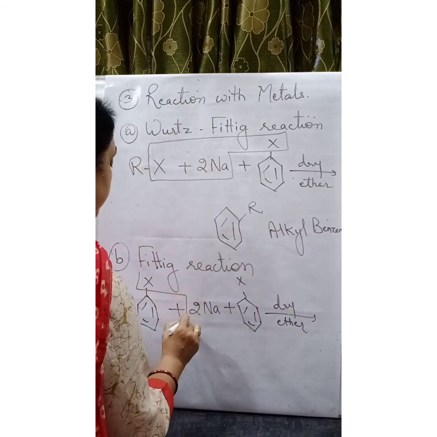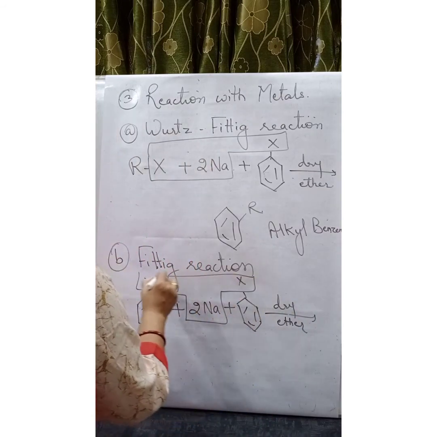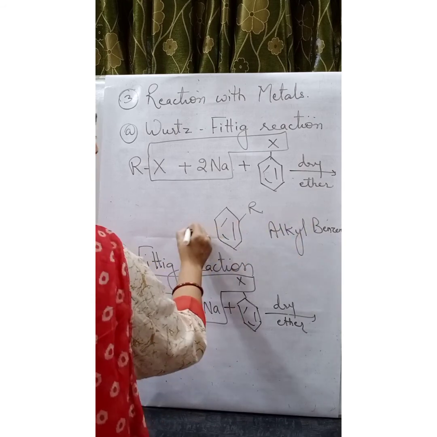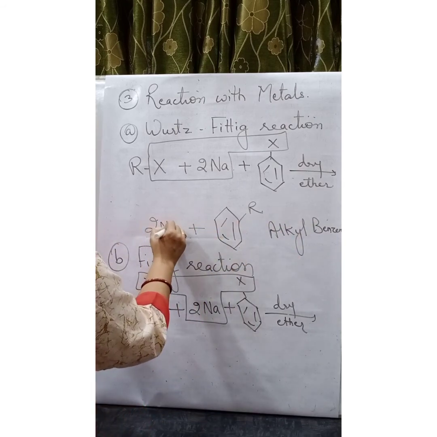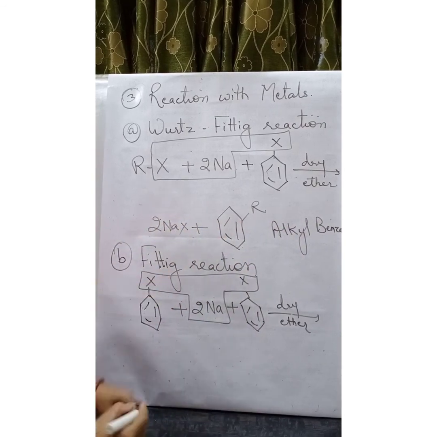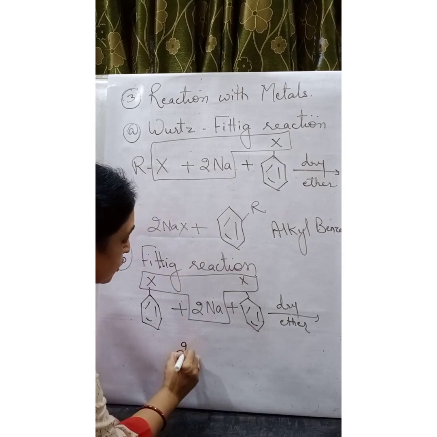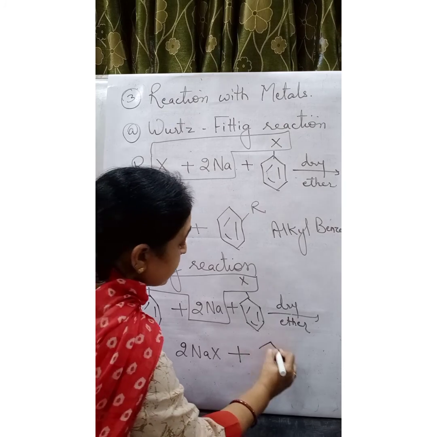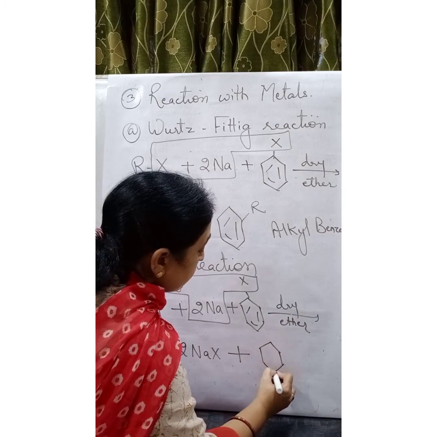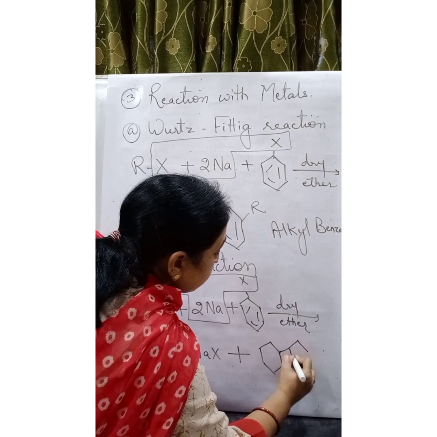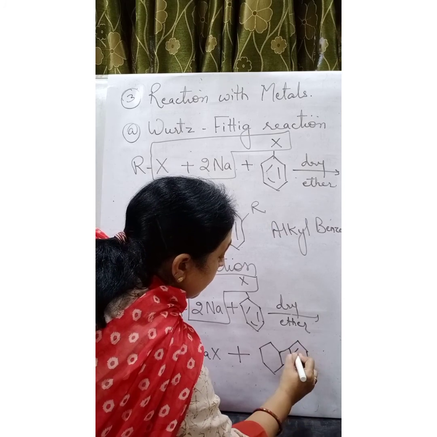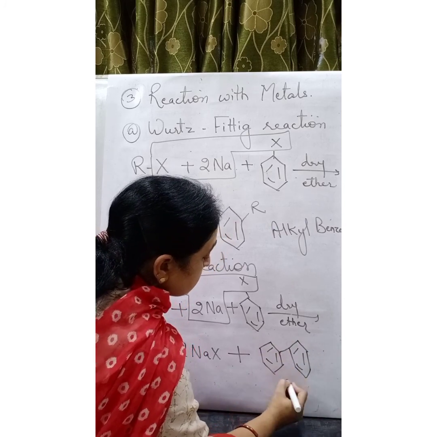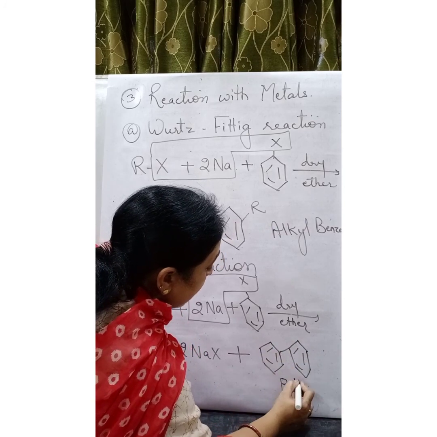So basically 2 NaX goes out of the reaction and both the benzene rings join with each other, forming biphenyl. So this is biphenyl.